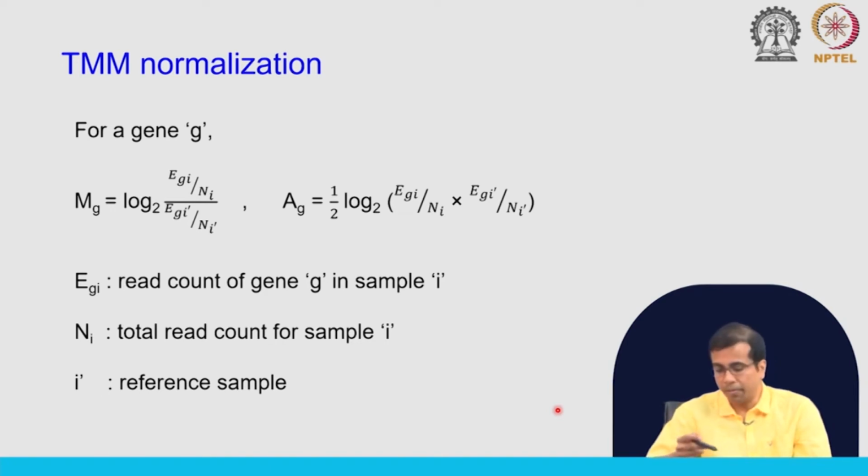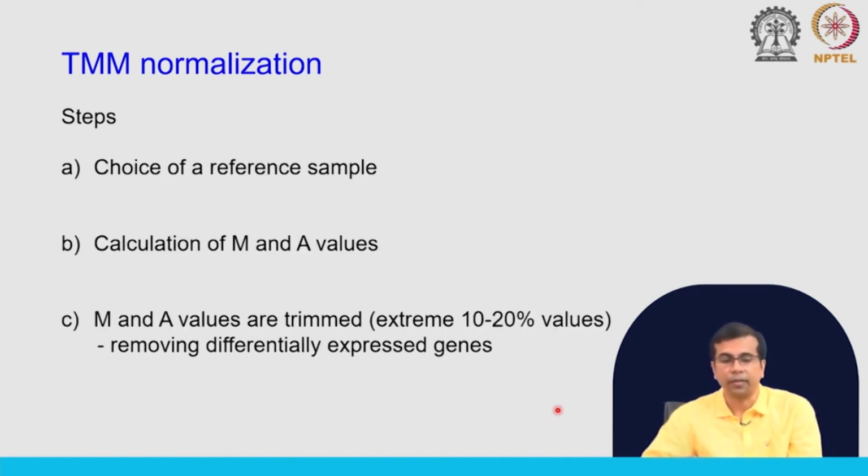So once you have calculated this, the next step is to trim these M and A values, usually the extreme 10-20% or 30% values, and so you trim out those genes that show these extreme values, right. So you get a distribution and trim out these 10-20 or 30% values, okay.